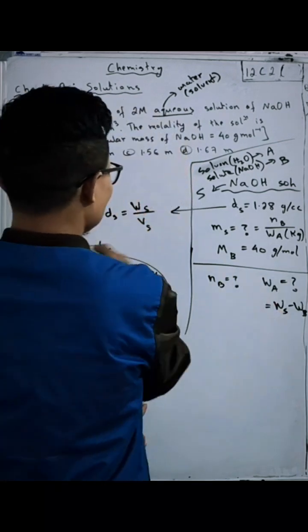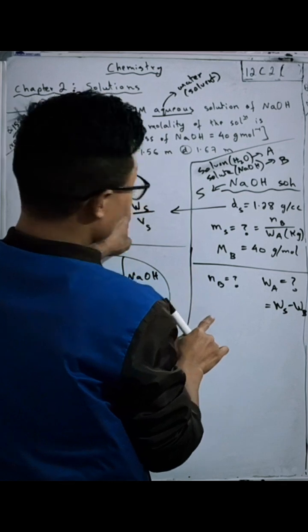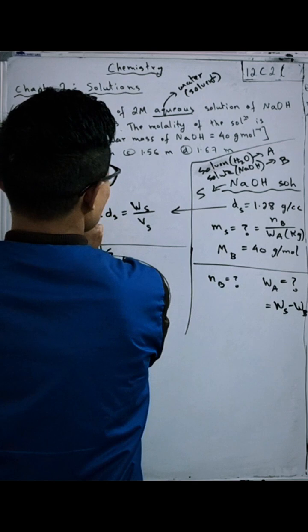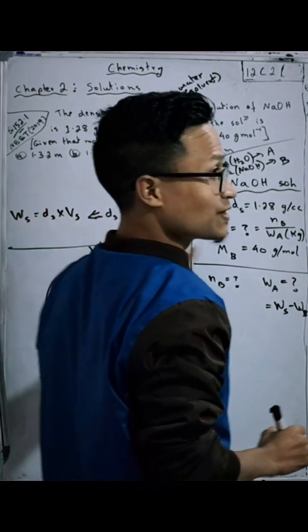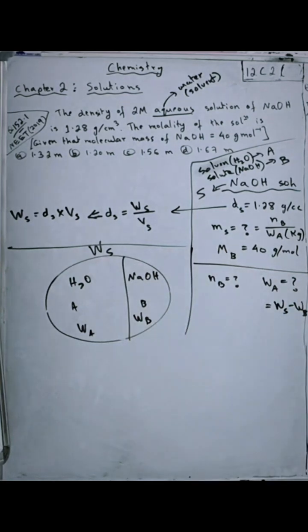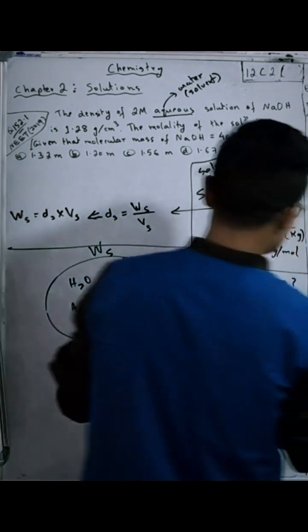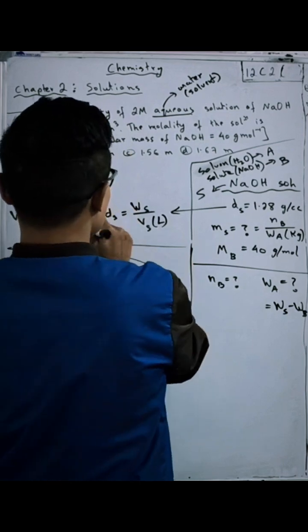Here the mass of the solution is the density of the solution into Vs. The volume Vs is given. The density of the solution is the weight of the solution by the volume of the solution in liter.